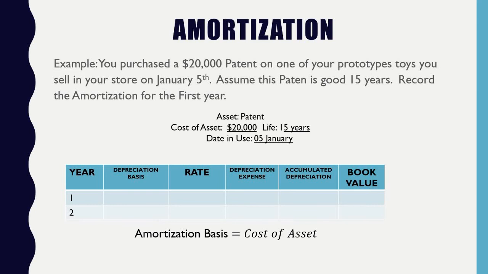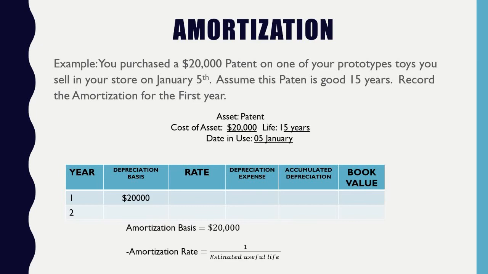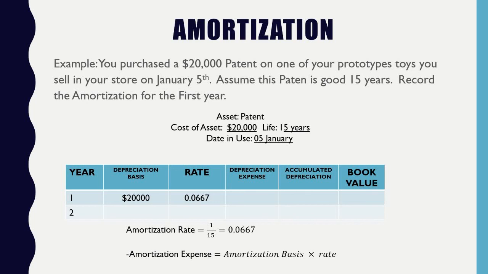So here you go. Amortization basis is going to be the cost of the asset. So in this case, we already know it's $20,000 because that's what we originally purchased it for. Then we understand that the rate is going to be 1 over 15, which I believe is 0.0667, something like that.